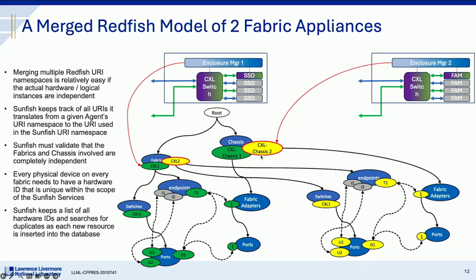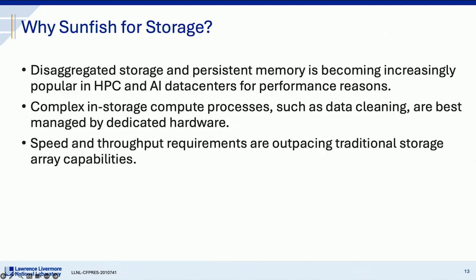And so without this deduplication, you would have a really difficult time doing provisioning accurately because you would have multiple representations of the same endpoints and ports on the CXL fabric. And so the deduplication, that's kind of the whole point of doing this.